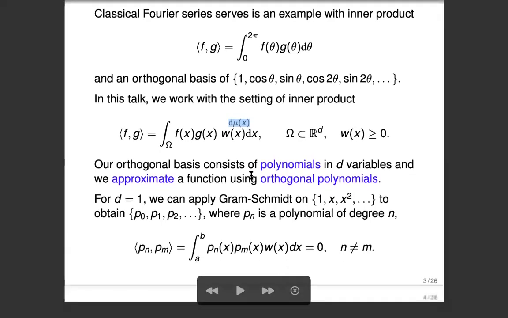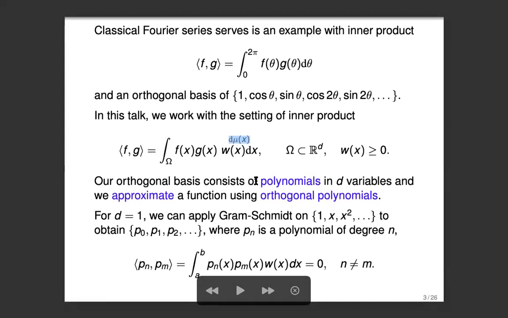Our orthogonal basis consists of polynomials. I'm thinking not about trigonometric polynomials, but the genuine algebraic polynomials, and I only consider real polynomials, not complex ones. So we will approximate a function using orthogonal polynomials.